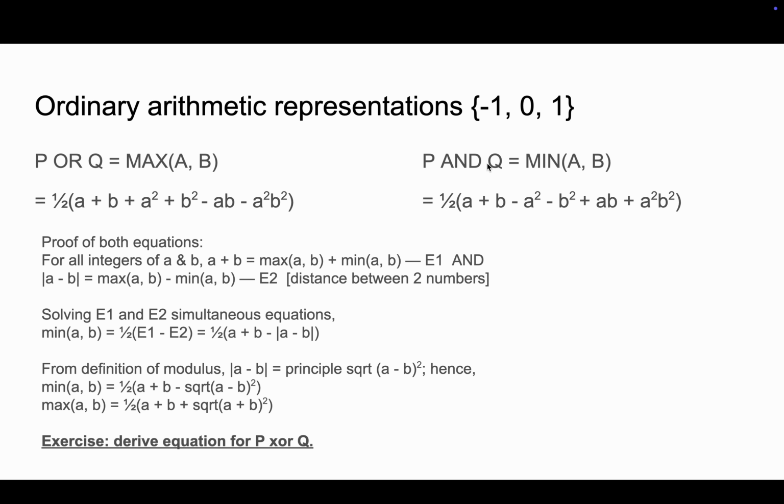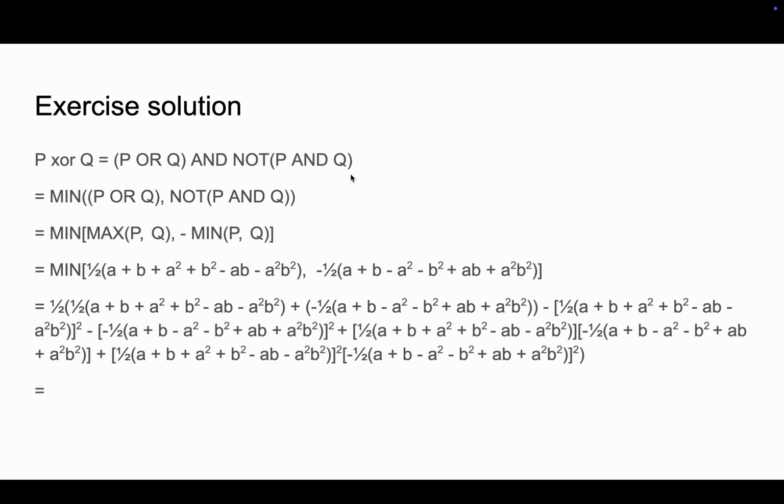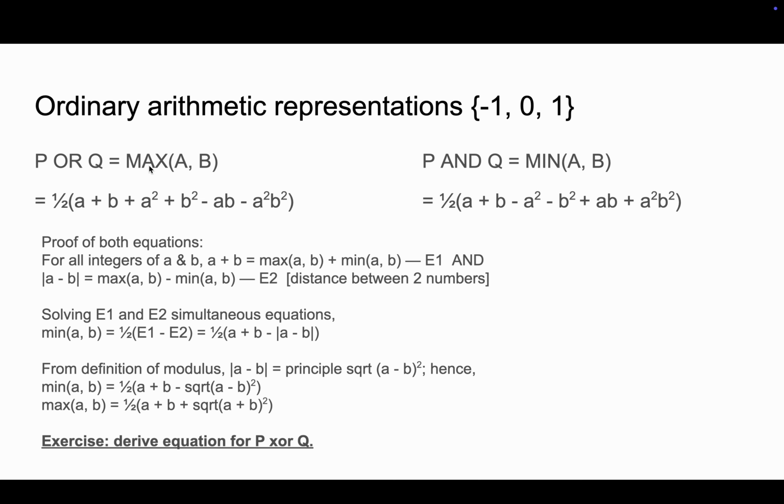On the other hand, when we say P and Q, it is given by the minimum of the truth values of P and of Q. And the maximum can actually be simplified into an algebraic equation, into a polynomial.